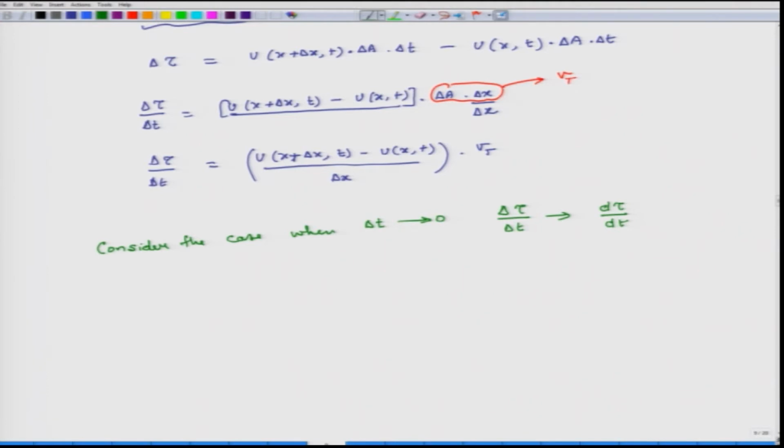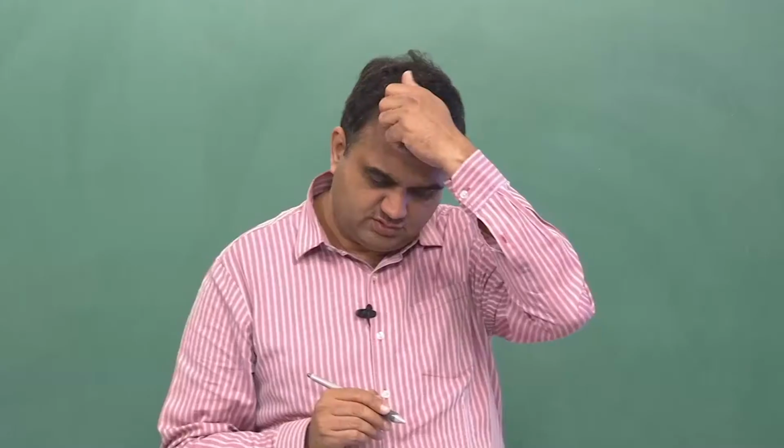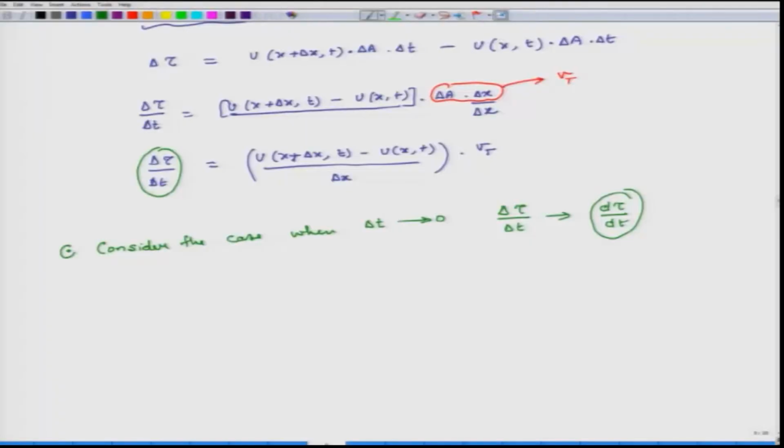This is the total change, it is not just based on position, it is the total change in volume, and when I divide it by a very small amount of time, I get the total derivative of tau with respect to t. So, if I am making these observations over a very small period of time, then this term becomes the total derivative of tau with respect to t. So, this is one thing.